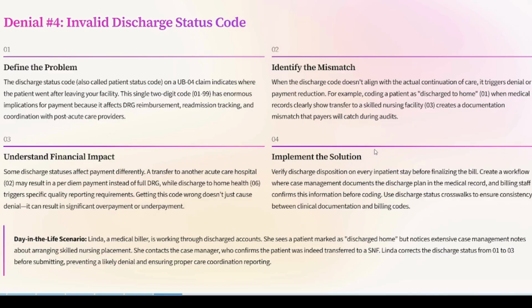Okay? So number 2, identifying the mismatch. When the discharge code doesn't align with the actual continuation of care, it triggers denials or payment reductions. For example, coding a patient as discharged at home, which would be a 01, when medical records clearly show the patient was transferred to a skilled nursing facility, which is a 03, creates a documentation mismatch that payers will catch during audits.